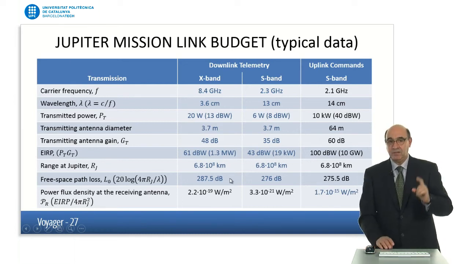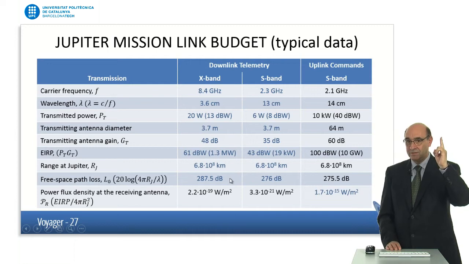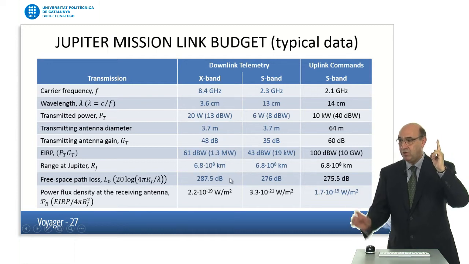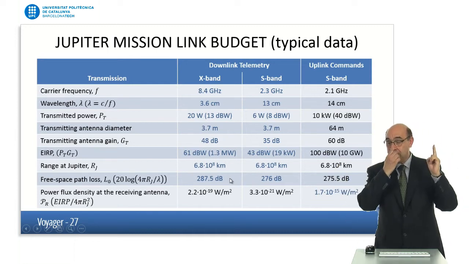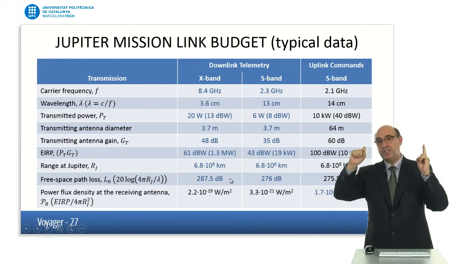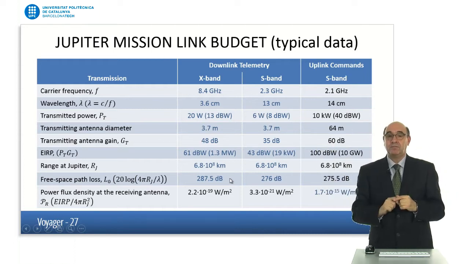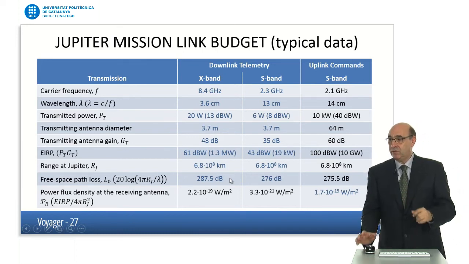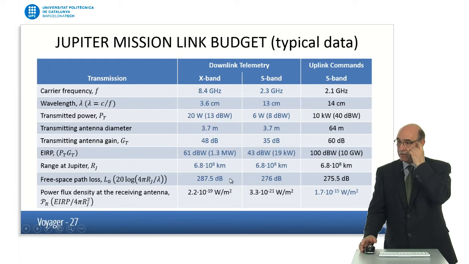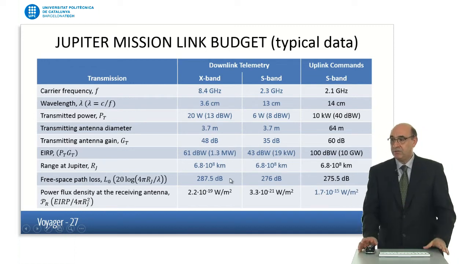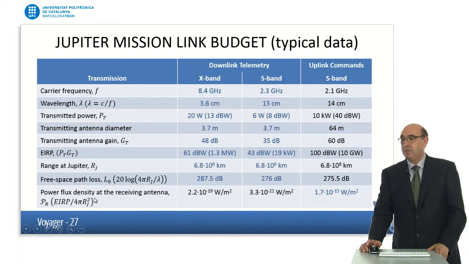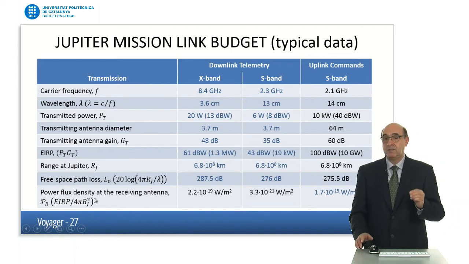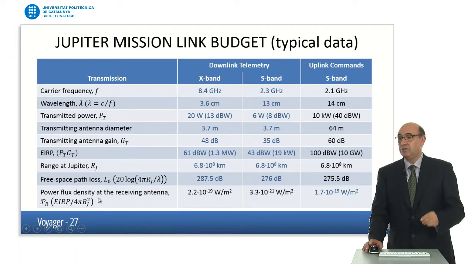Once again, if you put 1 unit, that's your reference, this number means that you will get 0.28 zeros and then a digit. That's what we are talking about. So this is just the free space path loss. And with all those parameters, we could immediately compute the power flux density that is arriving to the antenna.